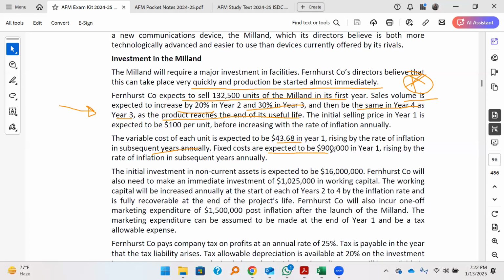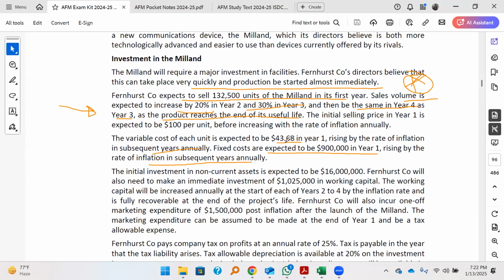Fixed costs are going to be 900,000 in year 1, rising by inflation in other years. So in this case, they are telling us inflation, but they are giving us the figure for year 1 already inflated. Sometimes they give you information where they say the figure is going to be 43.68, but in current terms.